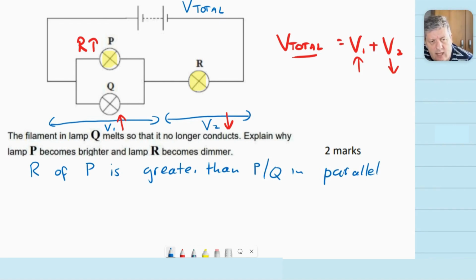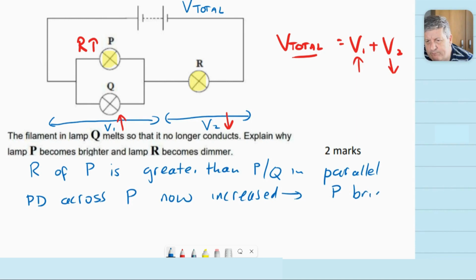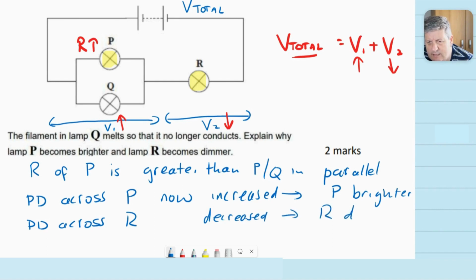We can then say that the PD across P is now increased, so P is brighter, and the PD across R is now decreased, so R is dimmer. Right, so that would get you the 2 marks. Probably any of those points would score a mark.